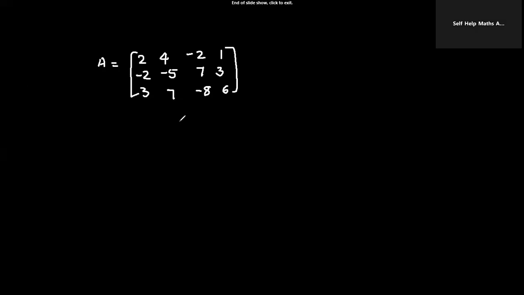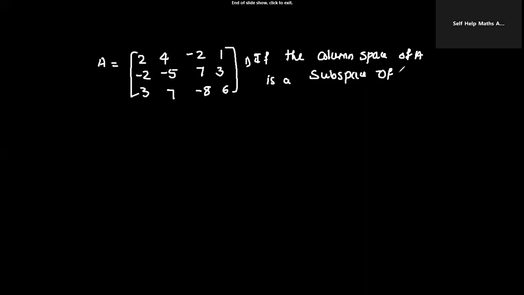So this is the given A. The first question is: if the column space of A is a subspace of Rk, then what is K?